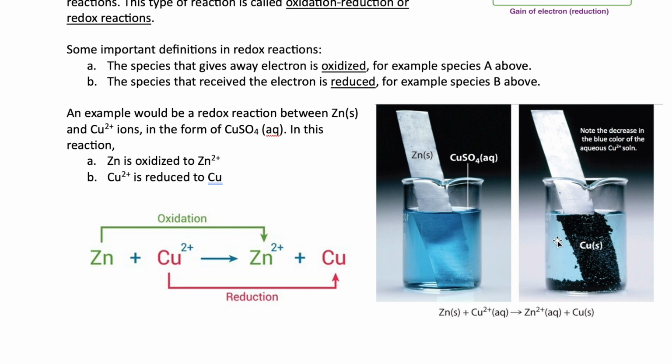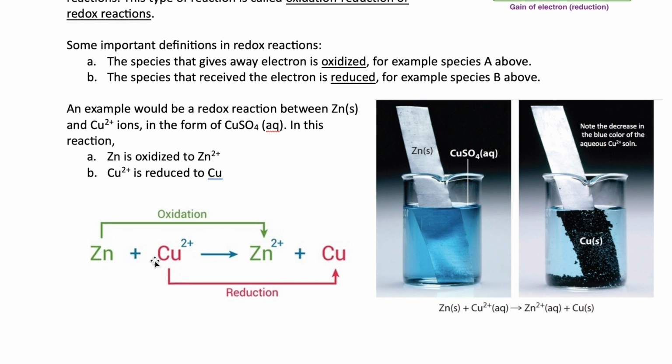The other thing you can see is the intensity of that blue color changes, so that tells you this solution is a lot more dilute in the concentration of copper, because the copper ion is what gives it its blue color, but it's a lot less blue now because much of that copper ion has been converted to copper solid. So the reaction itself is written this way.